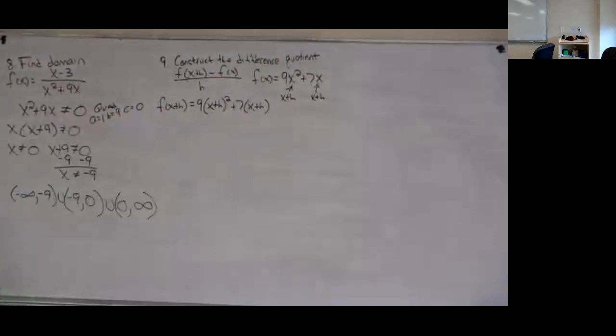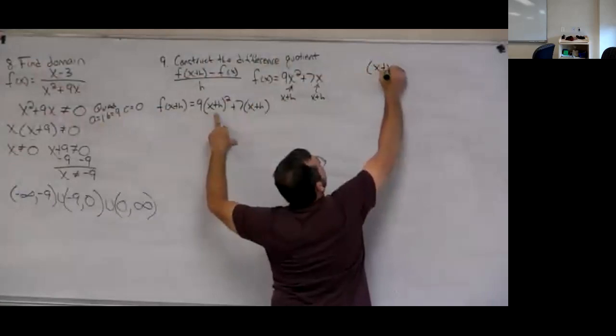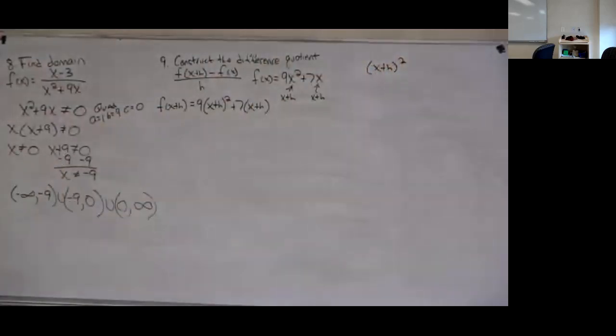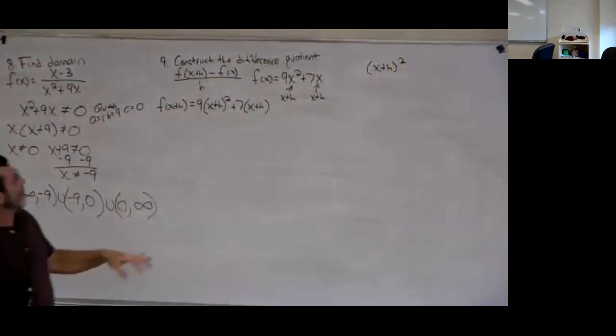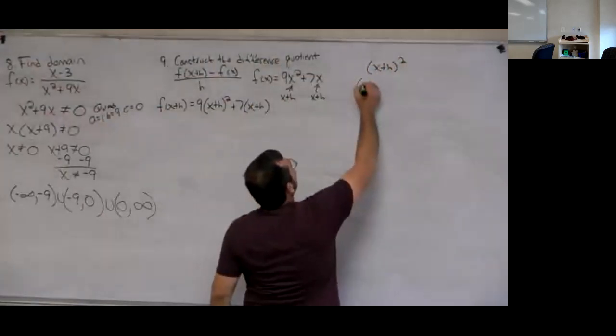Now, did y'all save your x plus h squareds? So back in material from test 2 somewhere, y'all should have had, y'all even did x plus h cubed on those, okay? So let's see what we get.